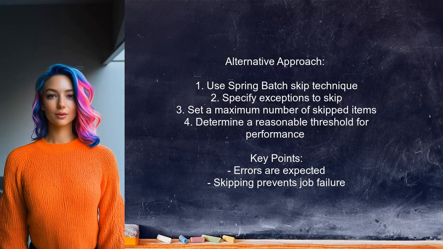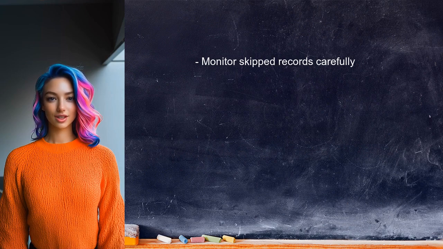This user emphasizes that errors are a natural part of processing data. They suggest using the Spring Batch skip technique to handle exceptions without failing the entire job. By specifying which exceptions to skip and setting a maximum number of skipped items, you can continue processing without interruption. However, it's crucial to determine a reasonable threshold for skipped records to avoid performance issues.